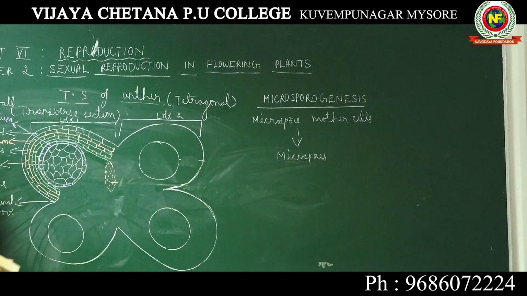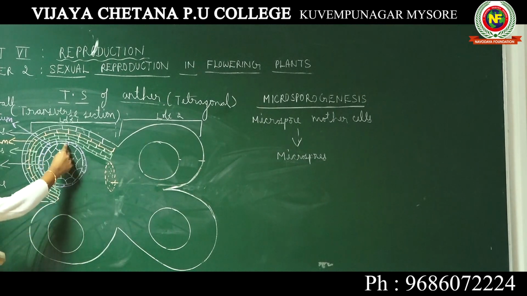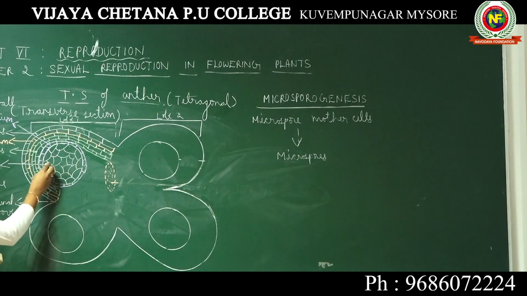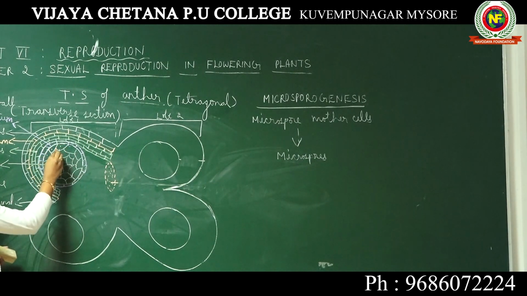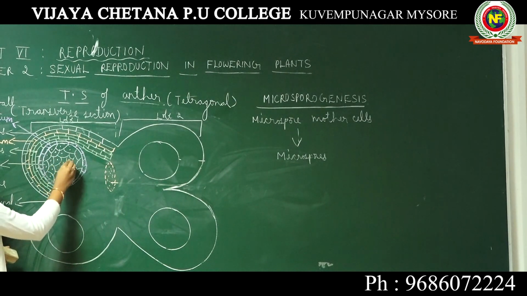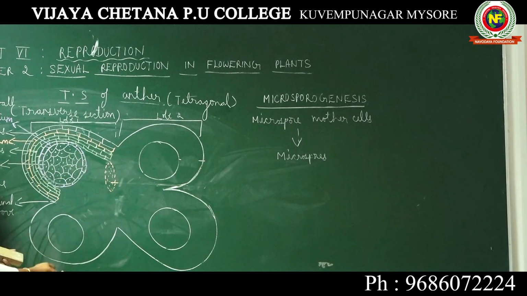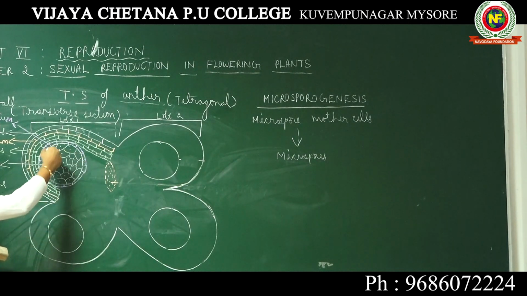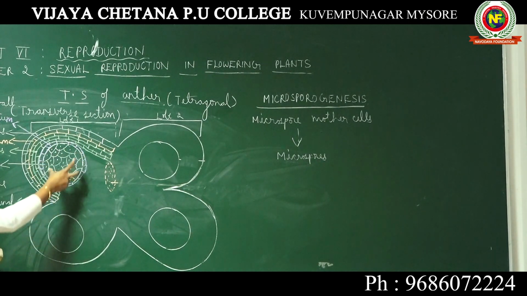Now, here inside the microsporangium, you will find a group of cells, which is known as sporogenous tissue. These are individual cells which are present inside the microsporangium. All these cells together, they constitute sporogenous tissue.